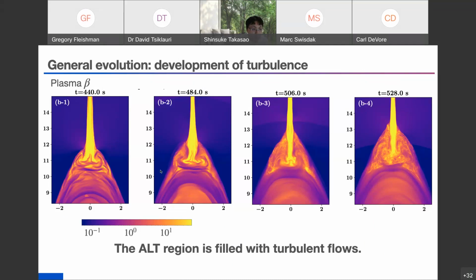But as time goes by, we see filamentary structures surrounding the lower end of the reconnection jet, and the turbulent region extends as time goes by, like this. So the ALT region, again, is filled with turbulent flows.